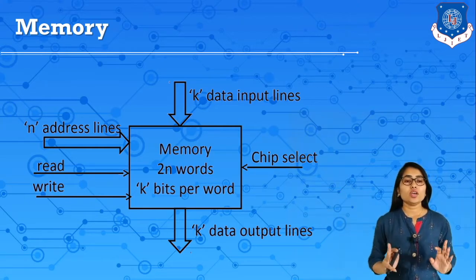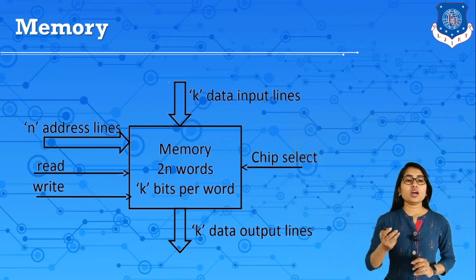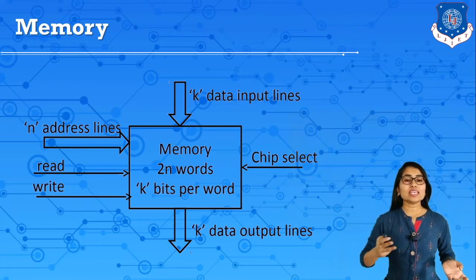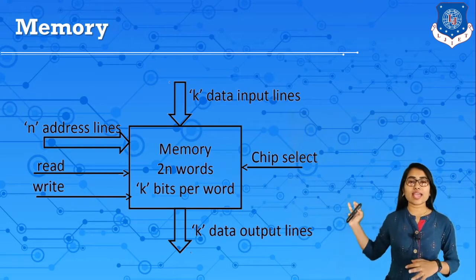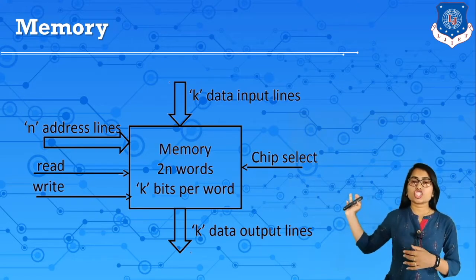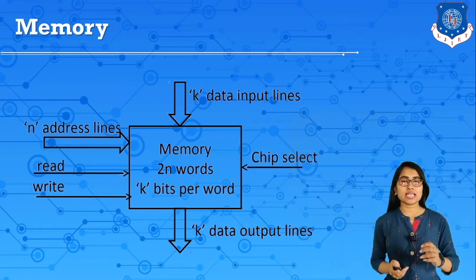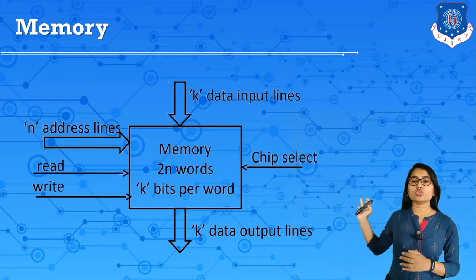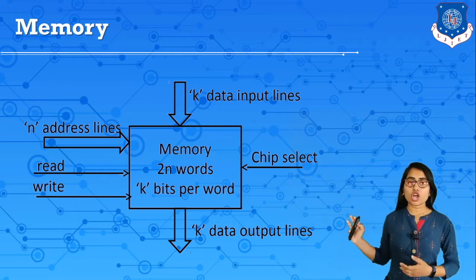In a ROM there is only a read signal, and in a RAM there is a read signal as well as a write signal. And to select different memory chips, a chip select is used. Which memory IC is to be selected is decided through this chip select. So this is a basic memory block diagram.